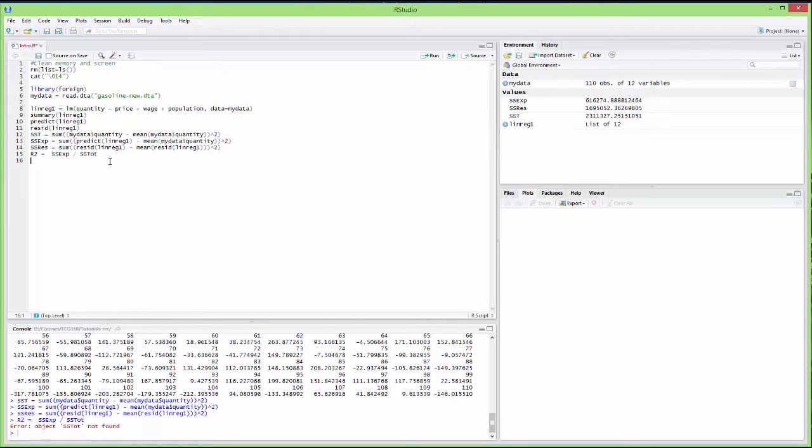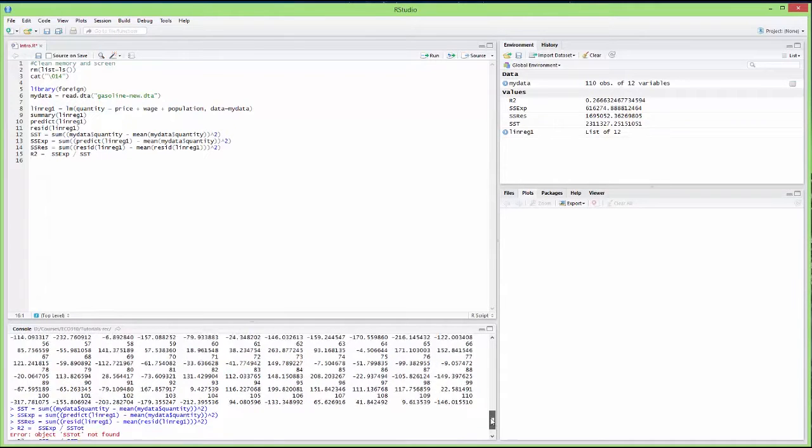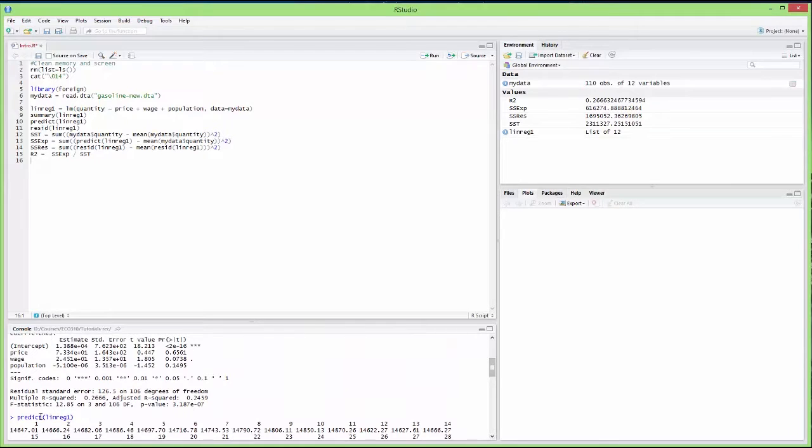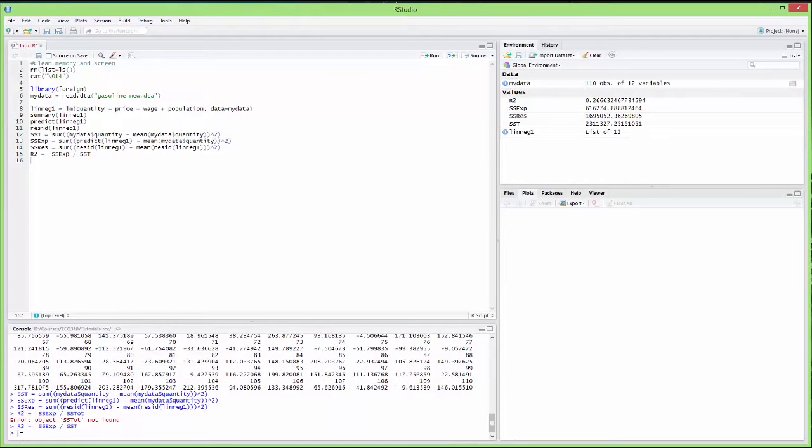Oh, I didn't call it SS total, I called it SST. And I see the R square is 0.2666, and this is what I found in the regression normally. Yes, here we see that the R squared is 0.2666. So about 26% of the variation in quantities can be explained by this model.